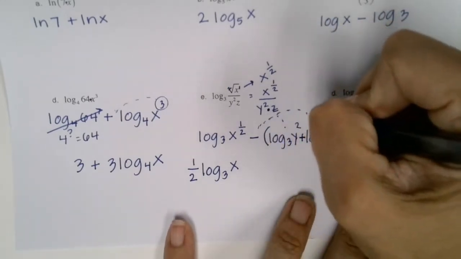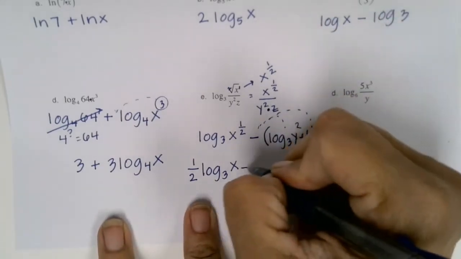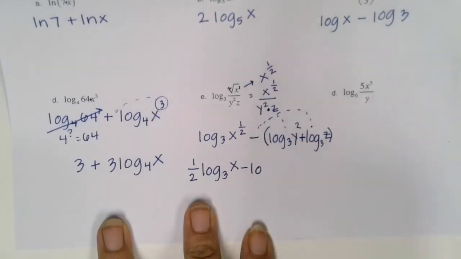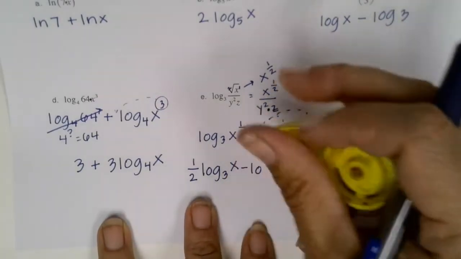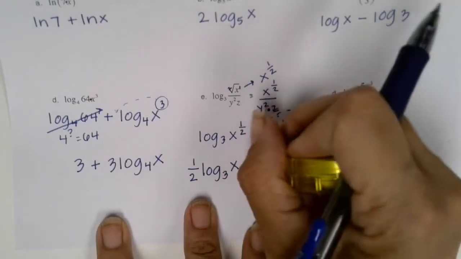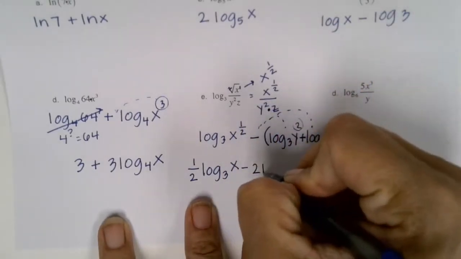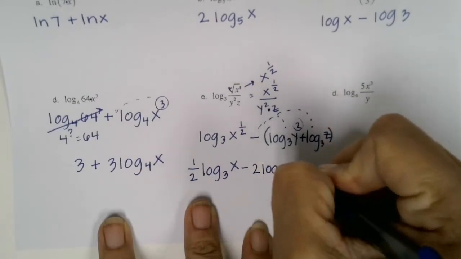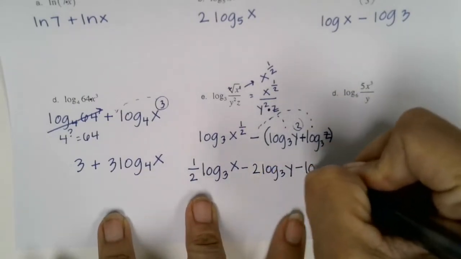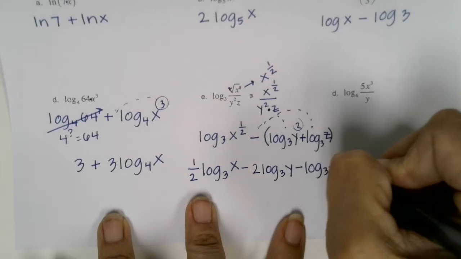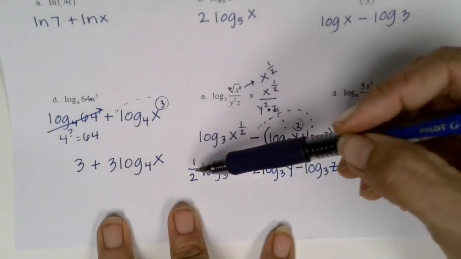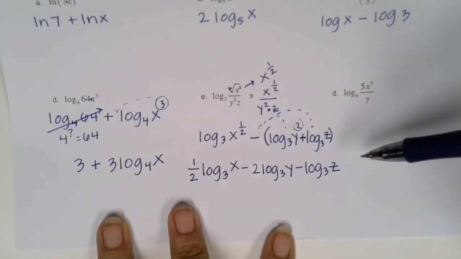So now I'm going to do this and distribute that minus, and then, and only then does it become a minus. Because I think we can handle it, I'm going to go ahead and put this 2 down in front. Minus log base 3 of z. And then I'm going to check to make sure that there's no exponents left in there.